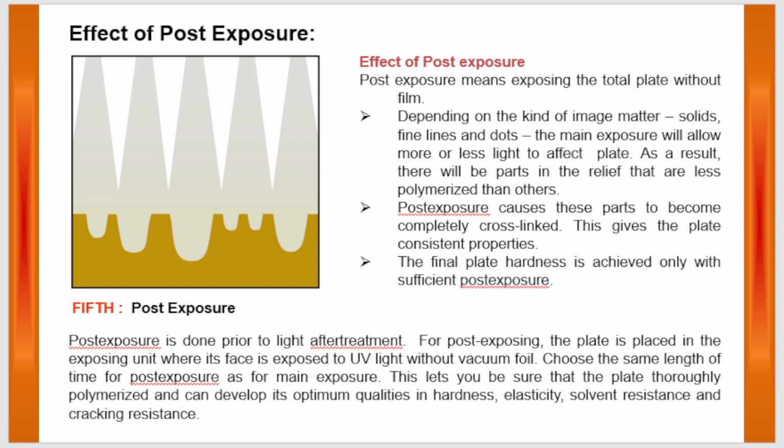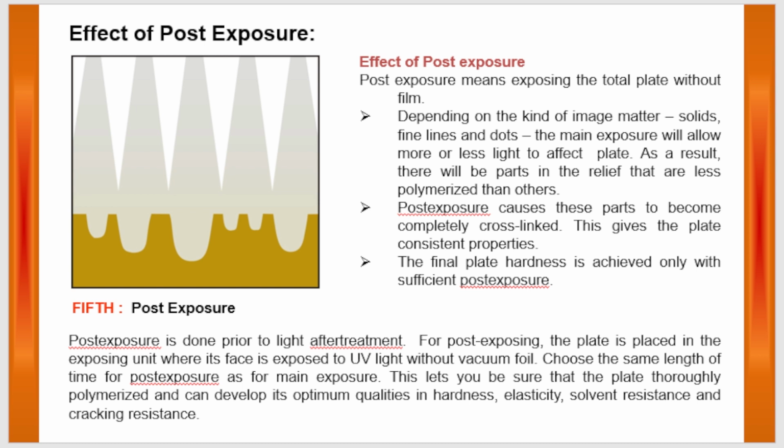As a result, there will be parts in the relief that are less polymerized than others. Post-exposure causes these parts to become completely cross-linked. This gives the plate consistent properties. The final plate hardness is achieved only with sufficient post-exposure.